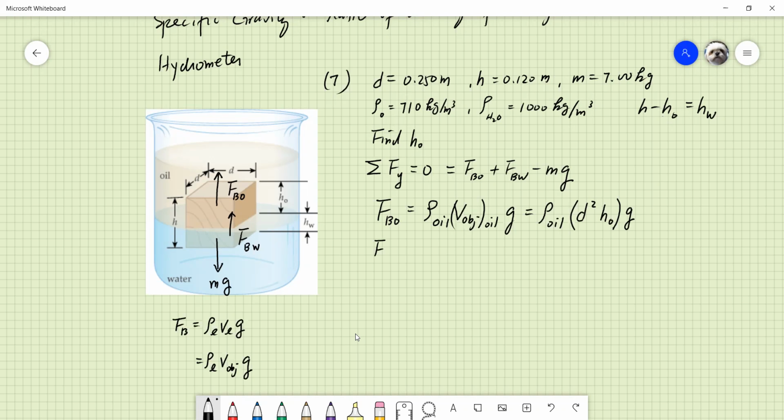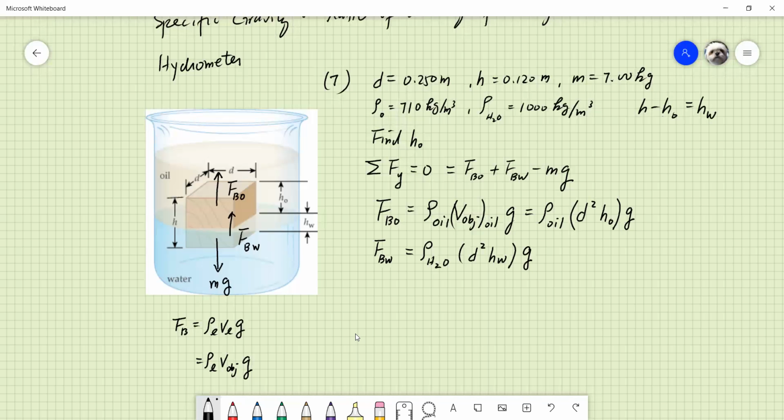So FBW will be the density of the water times the volume of the object inside the water, which is D squared times HW times G.